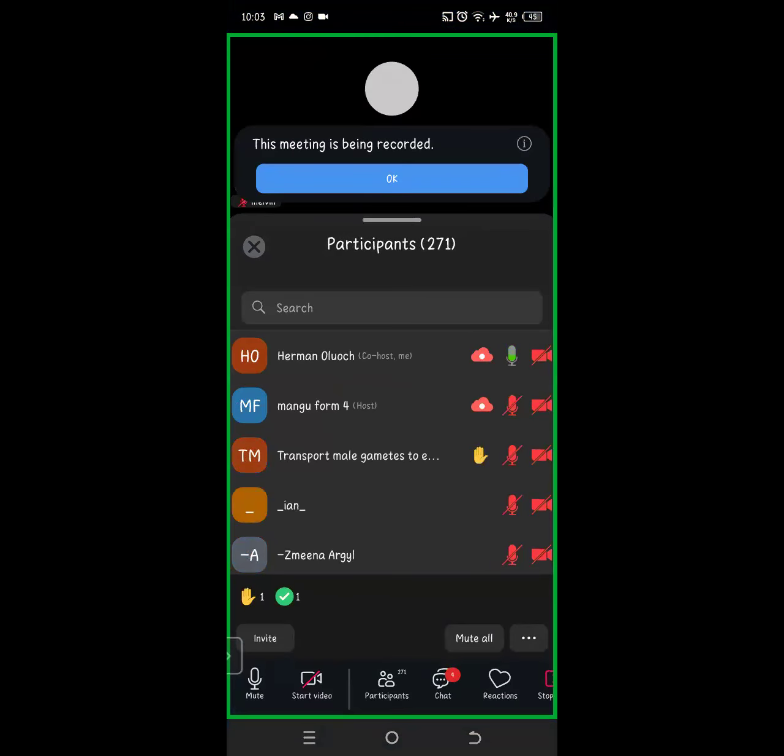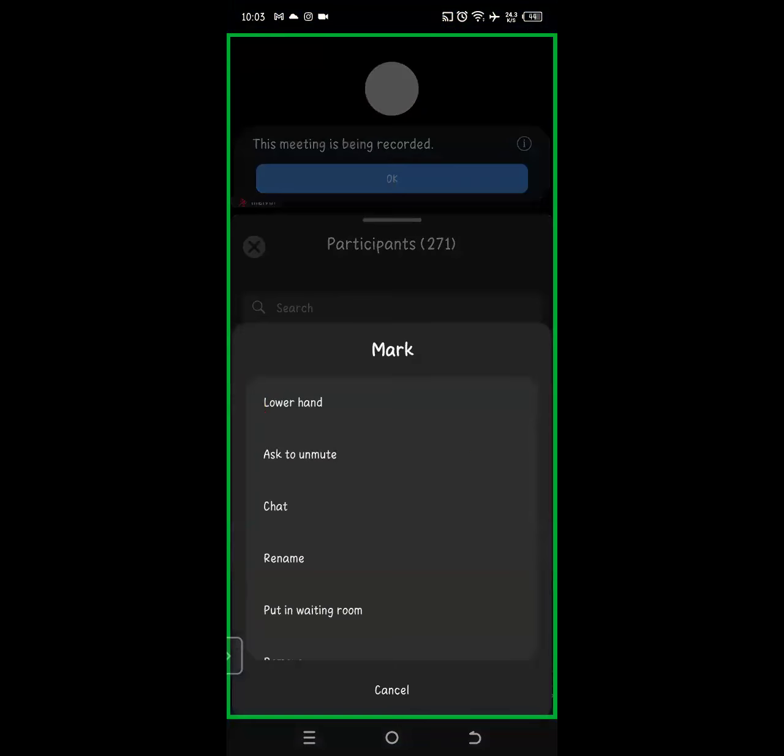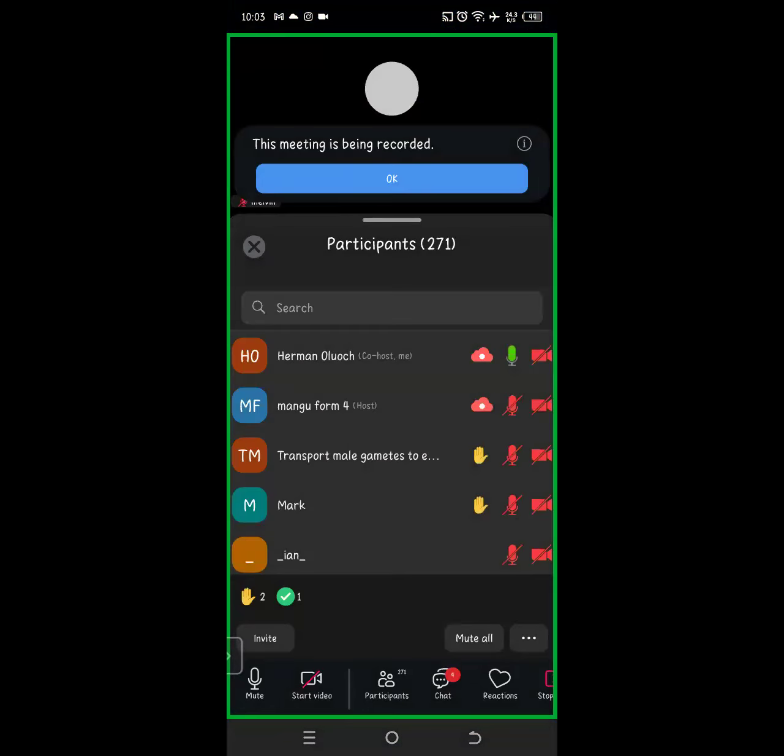Let us get responses. If someone is talking about transport of male gametes to the embryo sac, that is basically it. But Mark wants to say something. Mark, please say something. It is used to guide the development of the pollen tube and the generative nucleus down the style. So it guides.